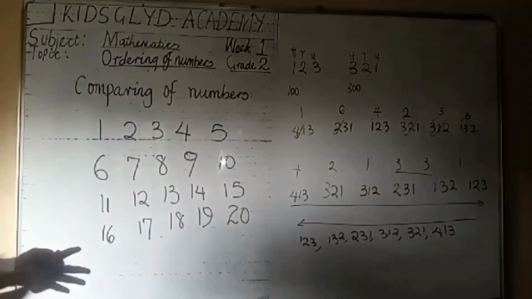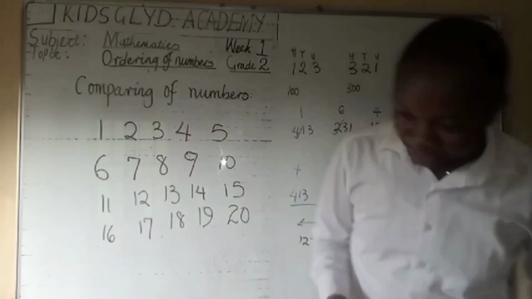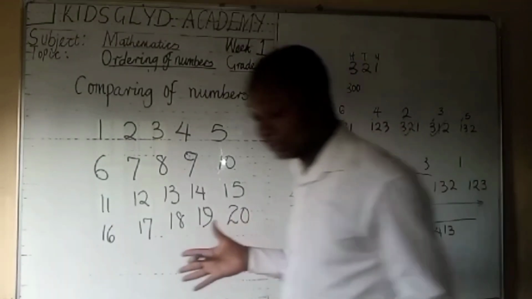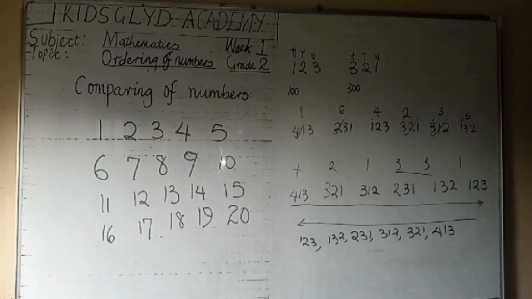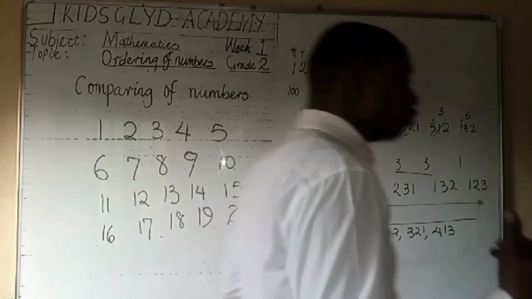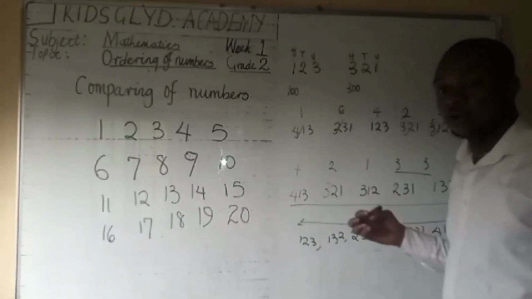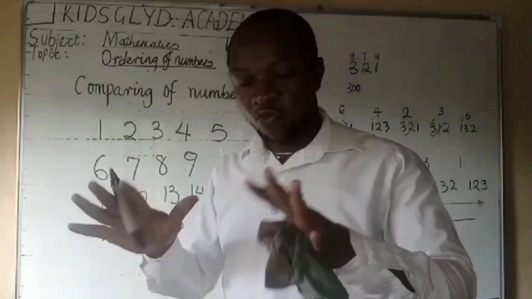So this is one way in which we can order numbers. I hope this is very clear. Maybe in our next class we will do more on addition and subtraction of numbers based on their values and where they belong.